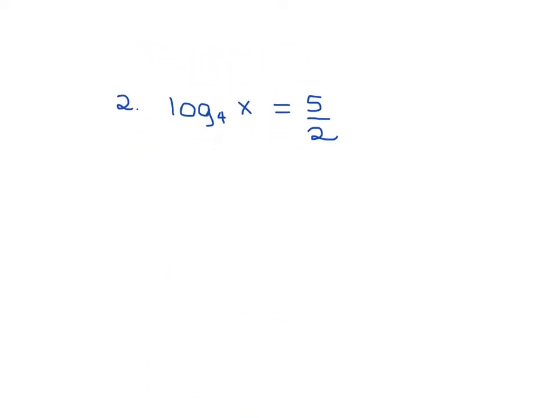Again, in log form, I can't solve it. However, if I change it to exponential form, I can solve it. So BAE, 4 to the 5 over 2 power equals x. So for here, all I'm doing is simplifying 4 to the 5/2 power. Again, remember the denominator is the root, the 5 or the numerator is the exponent.